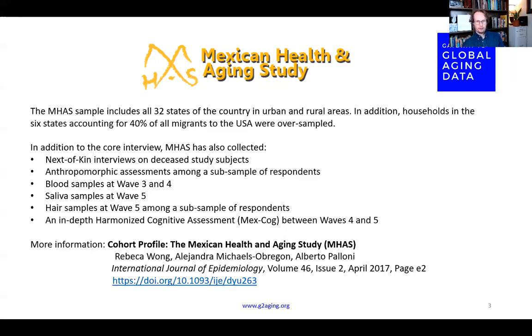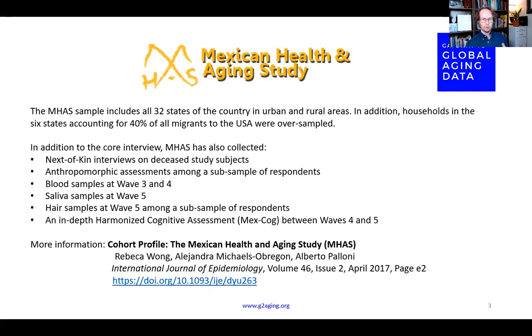One of the powerful uses of the MHAS is often to use it in conjunction with the HRS, because the HRS also has an oversample of Hispanic individuals. So you can look at individuals who have family both back in Mexico and in the US, or from states where some people went to the US and some didn't, for instance.